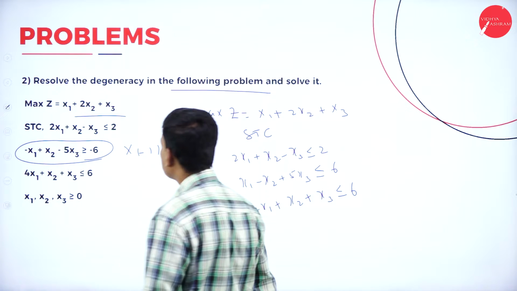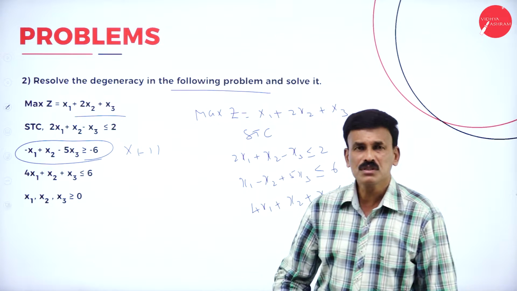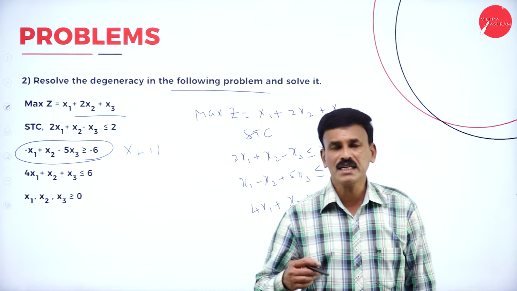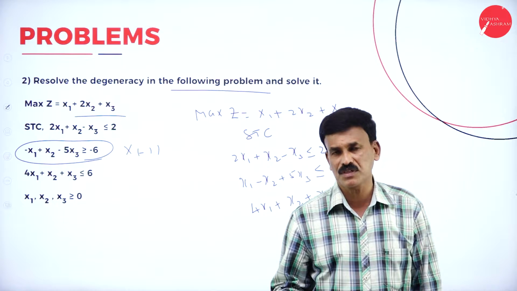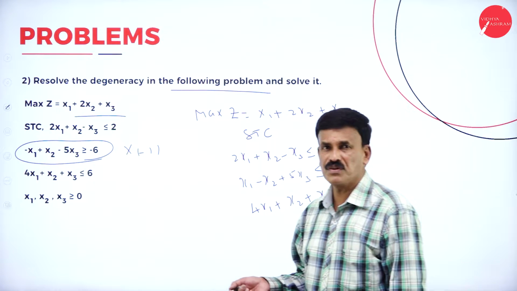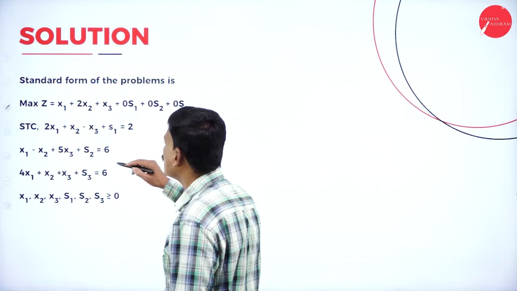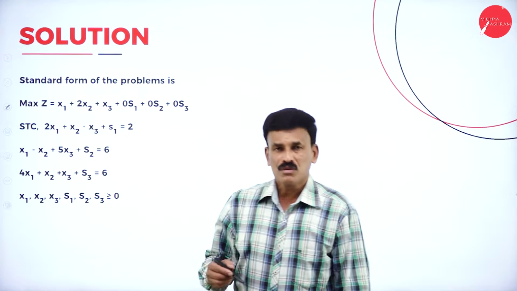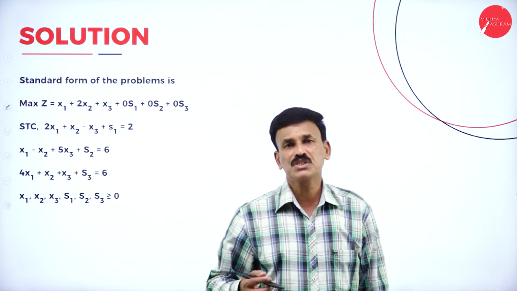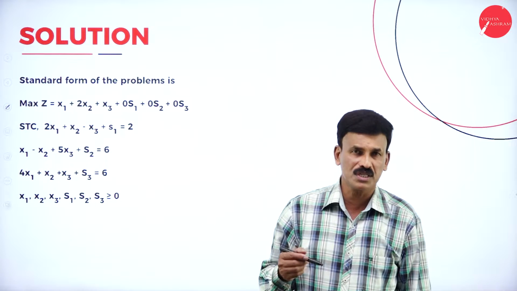Now see here, all are less than or equal to, so we add slack variables. The modified form is by considering the coefficients of S1, S2, S3 as 0, 0 and 0.